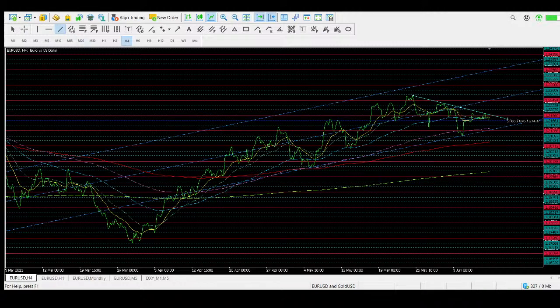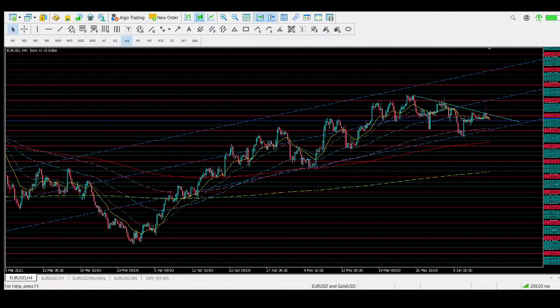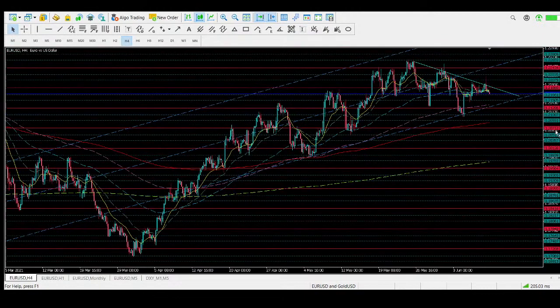Simple channel, sub trend lines, and the major levels, the trading zones.